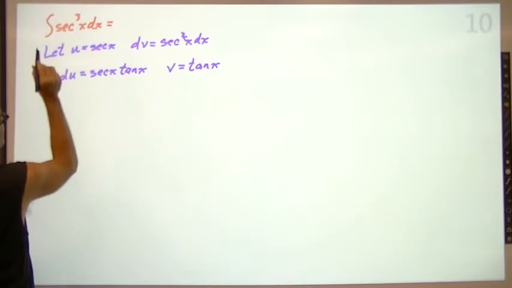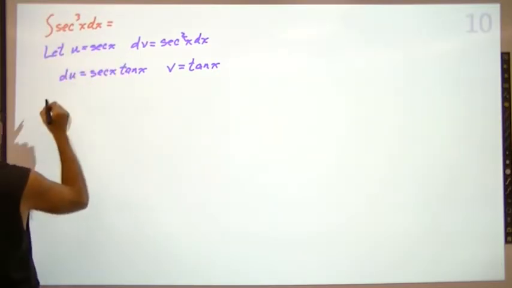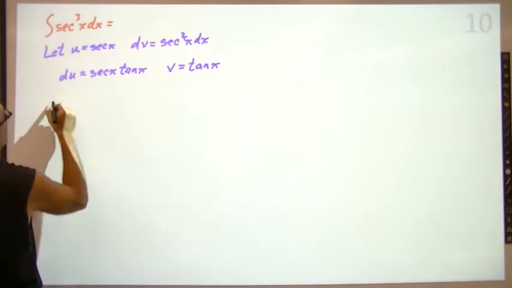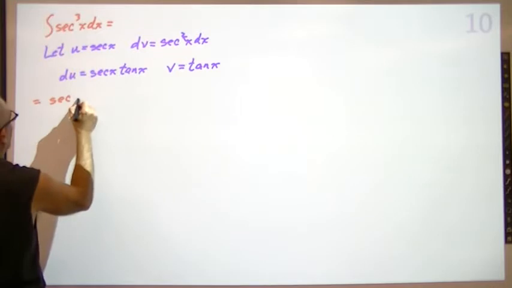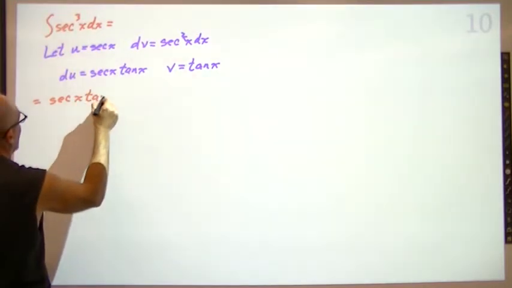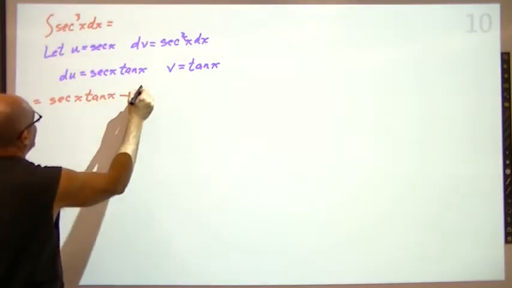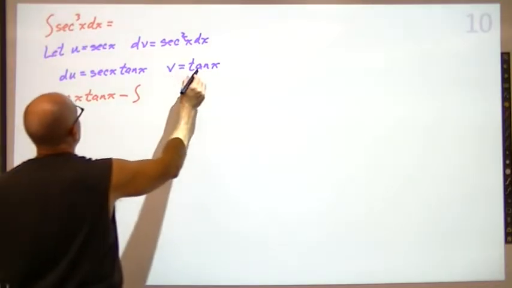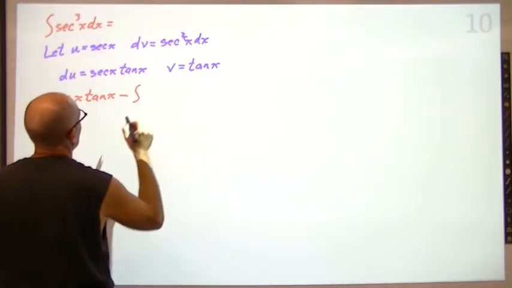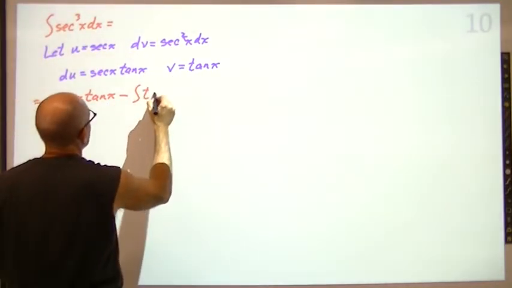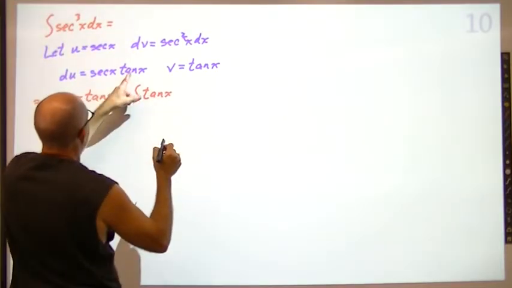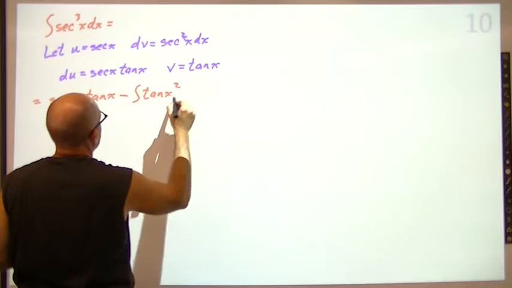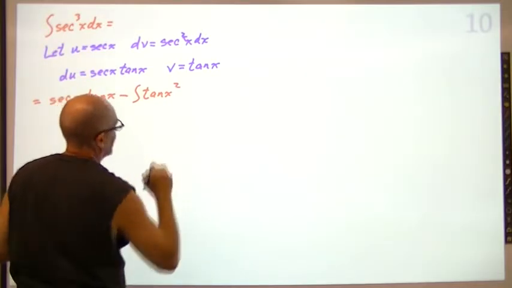So integral of u dv equals uv, which is secant tangent, minus the integral of v du. So tangent times secant tangent.